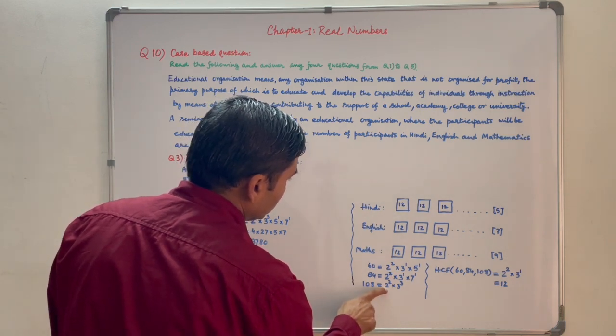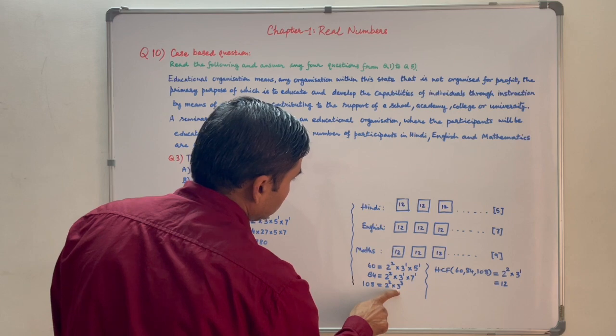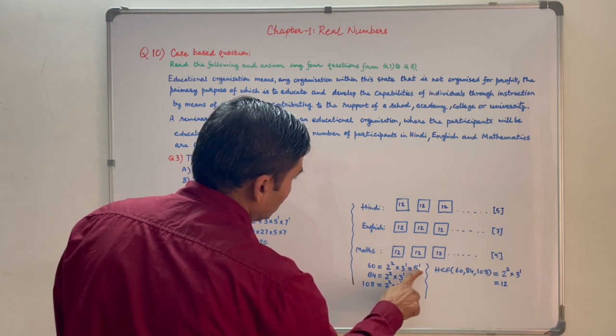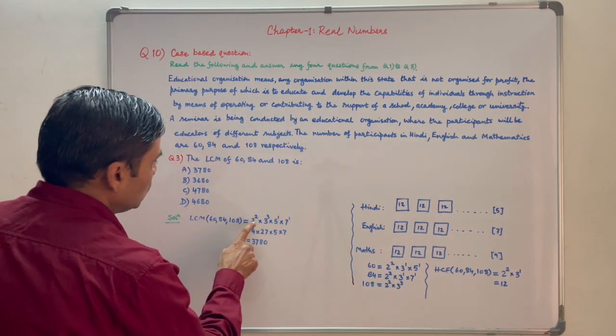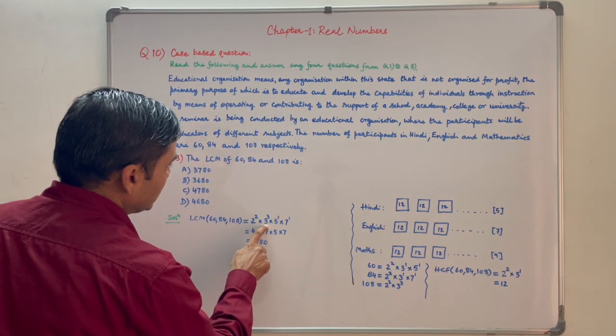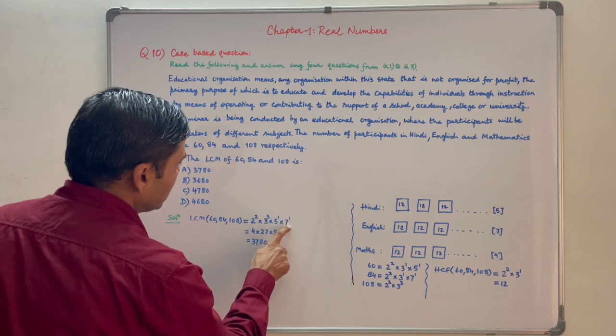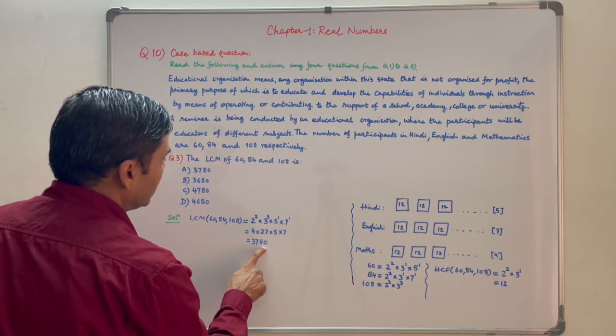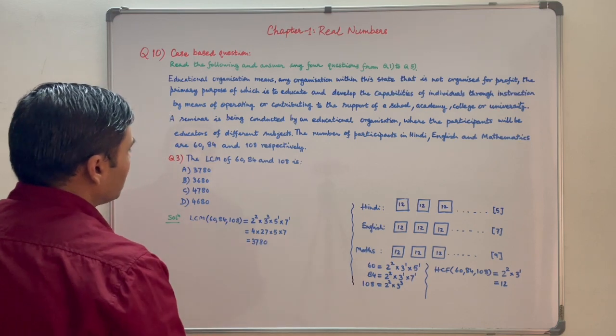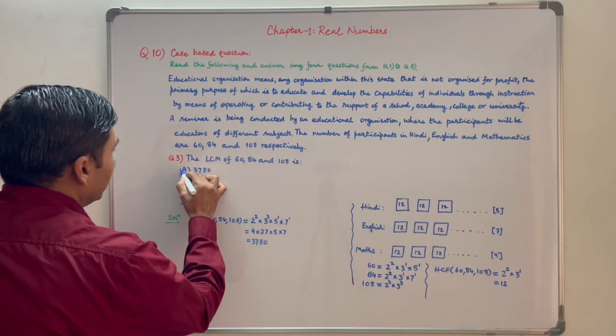Maximum power of 2 is 2, maximum power of 3 is 3, maximum power of 5 is 1, and maximum power of 7 is 1. So LCM is 2 to power 2 into 3 to power 3 into 5 to power 1 into 7 to power 1. And that comes out to be 3780. So the correct option is option A.